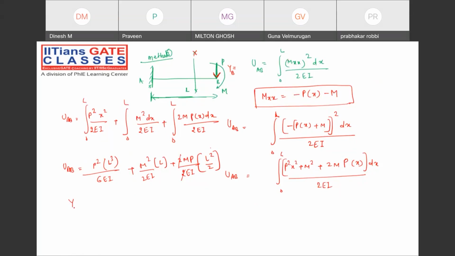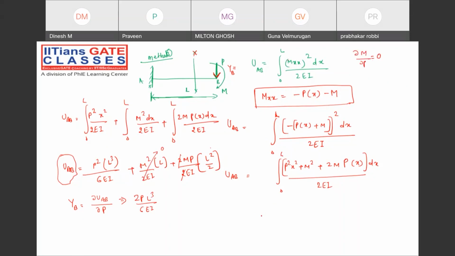We need to find the deflection: dou U_AB divided by dou P. Differentiate this thing with respect to P. When you differentiate, P square will become 2P, so 2P L cube divided by 6EI. The next term is going to be 0 because dou M by dou P will be 0.